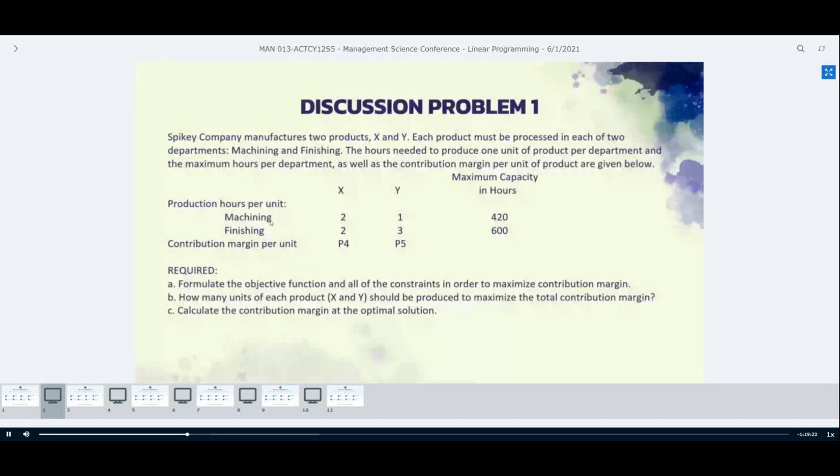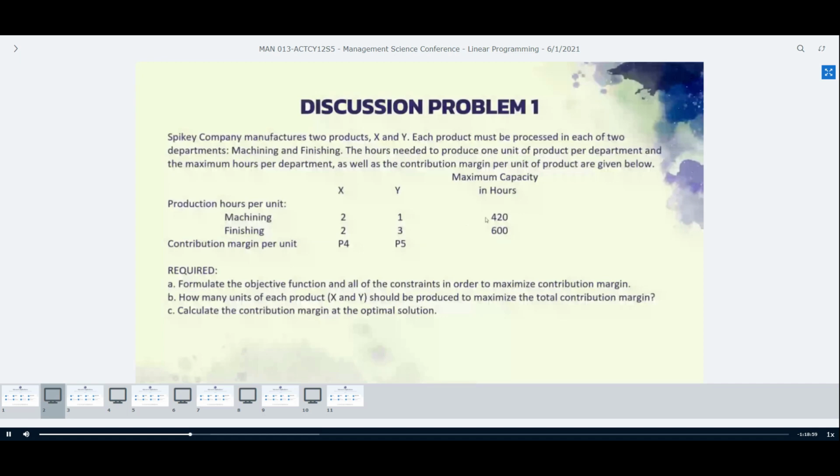Syempre pag na-overwork yung machine, there's a tendency to break down. And finishing naman, finishing department, the production hours is only 600 hours, no? So that's the constraints. Okay?